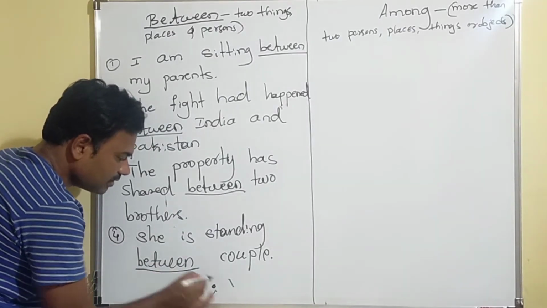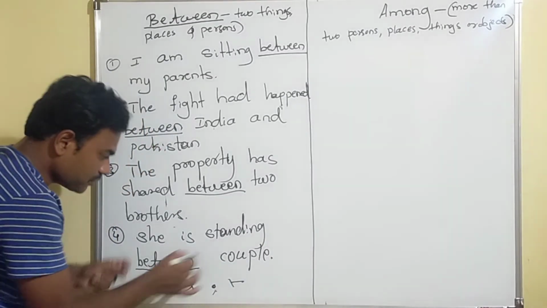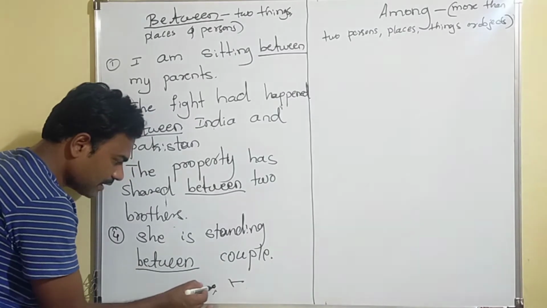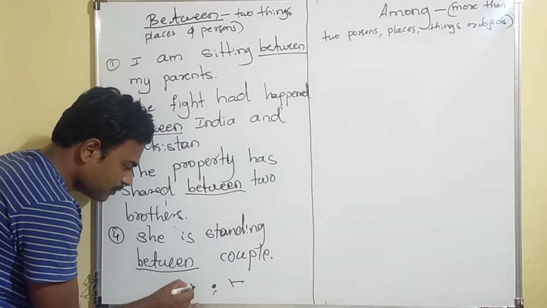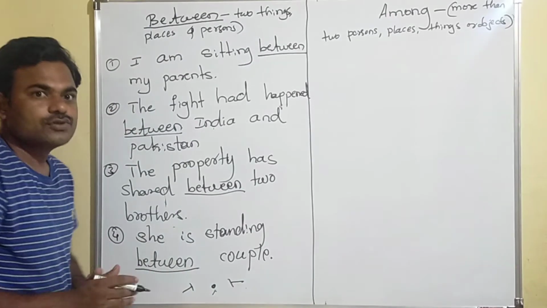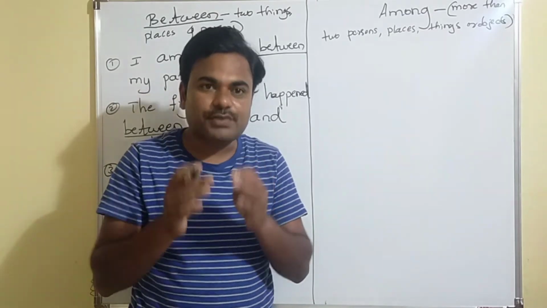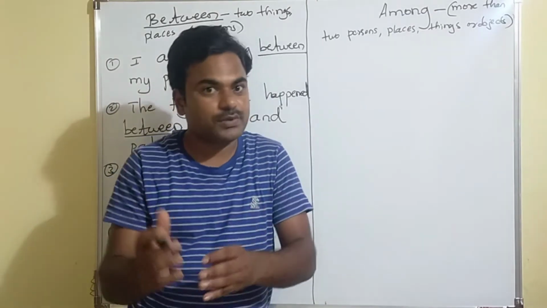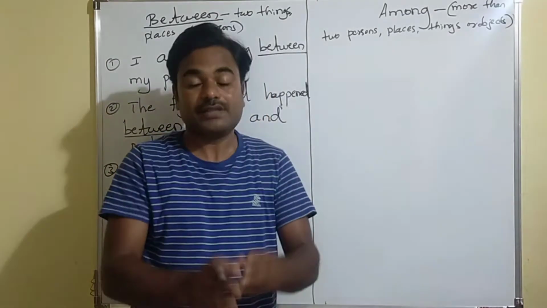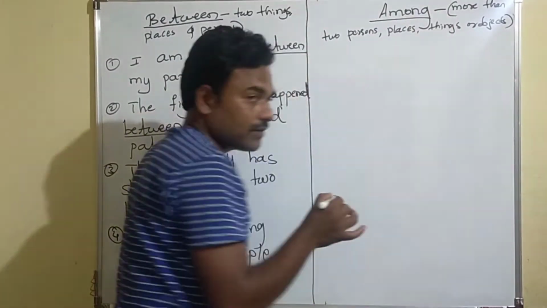She is standing here. So this side has the husband, this side the spouse, and she is standing here, between the couple. That time you use between. So when the thing is between two persons, two places, two things, two objects, that time we use between. But among is different.